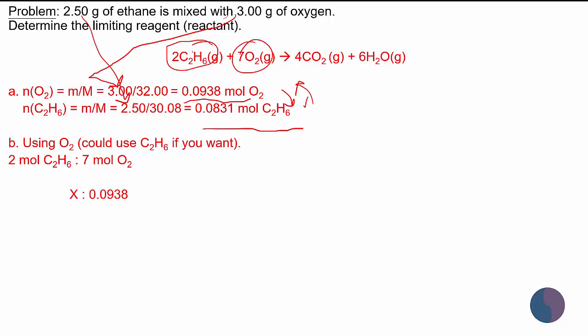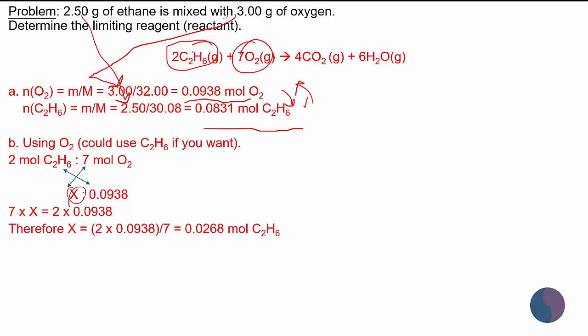Then I'm using oxygen, so I'm putting 0.938 there and then working out how much of this I'll need if that was the limiting reagent. And so there's the cross multiplying, so 7x is 2 times that. So that ends up being x is 0.268. So I now do a comparative statement.